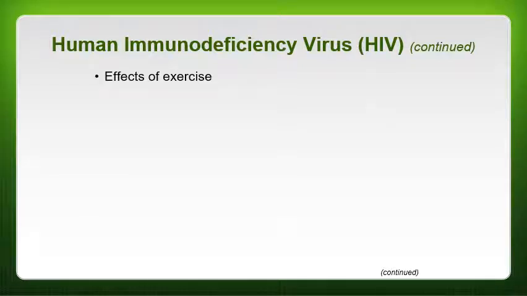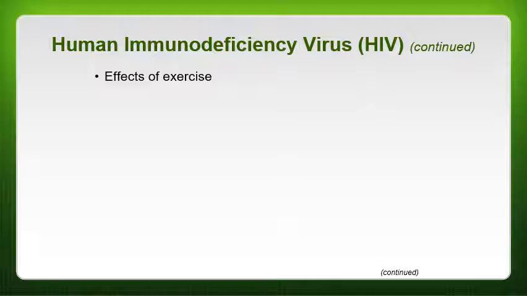So if we look at the effects of exercise, exercise in general has a positive effect on immune function. Long-term survival with HIV infection does become more difficult as the disease progresses, so it's important that exercise begin as early as possible after the diagnosis.